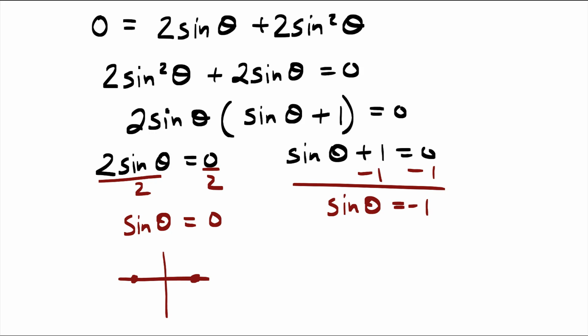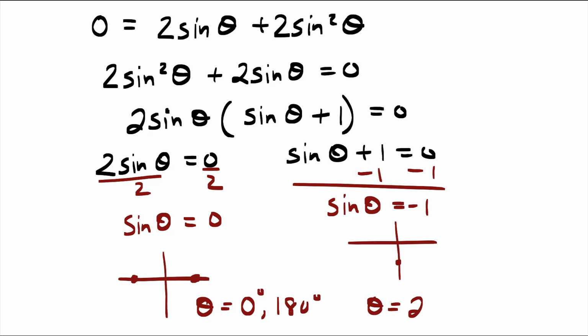Right there. This is going to be 0 degrees and 180 degrees. Alright, when is the sine value -1, or when is the y value -1? It's right down here. Only one place that happens for sine, which is at 270.